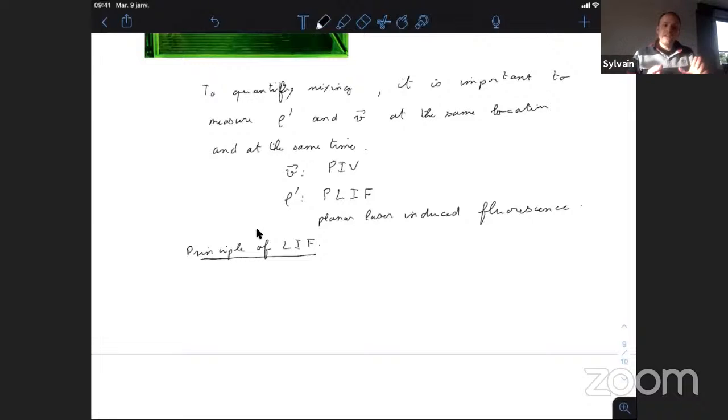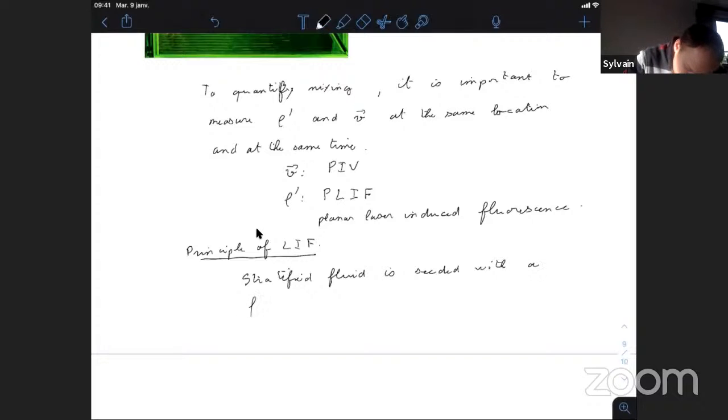So PIV, I have just said, we use seeded particles, and for LIF, the stratified fluid is seeded with a fluorescent dye.